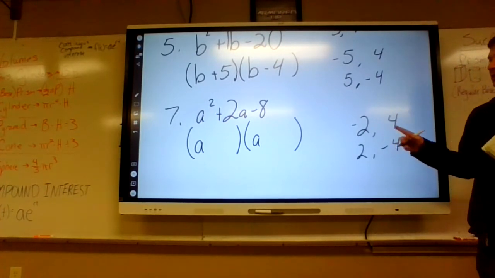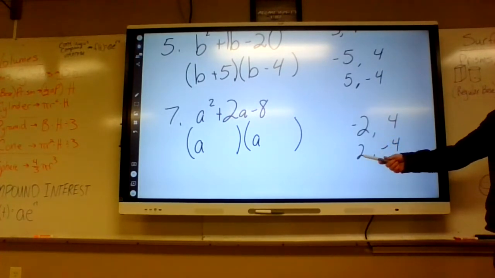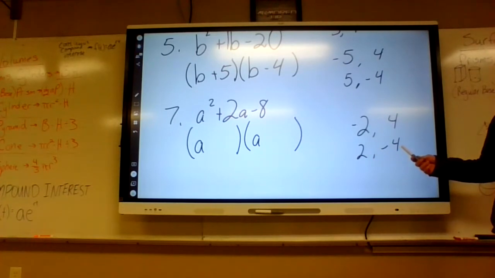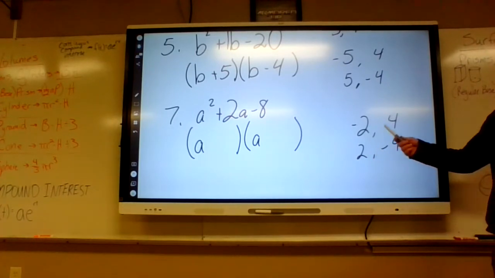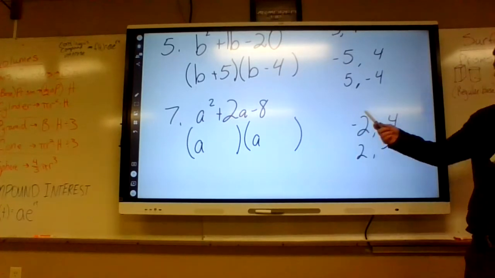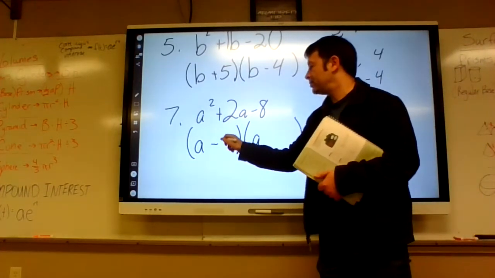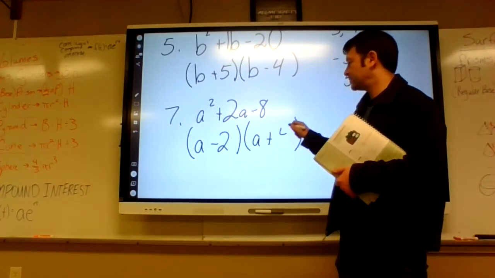Which of these adds up to 2? 2 minus 4 is -2. -2 plus 4 is +2, and we want +2. So it's -2 plus 4, or +4 and -2.